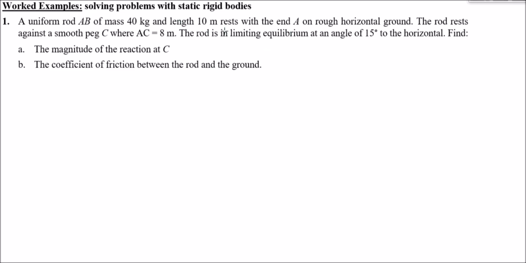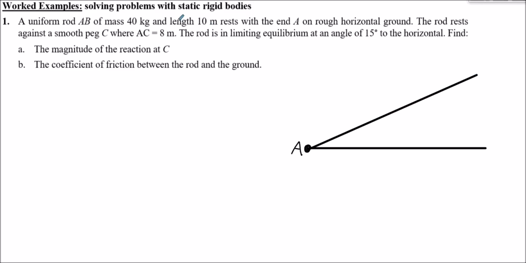It's at 15 degrees to the horizontal, so let's draw in the horizontal first of all. We're also told that A is on the ground. So A is where it's at the ground, but it's lifting up at an angle of 15 degrees, like so.